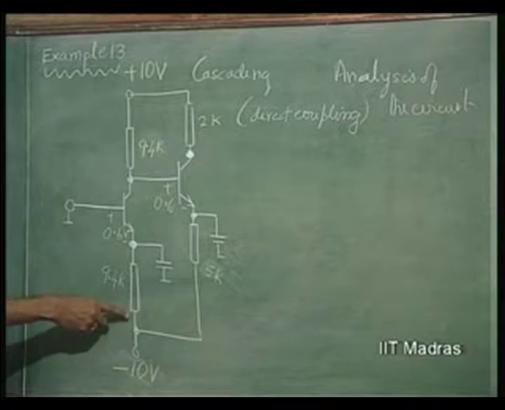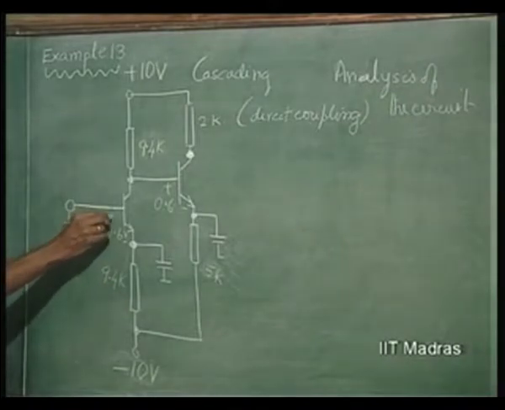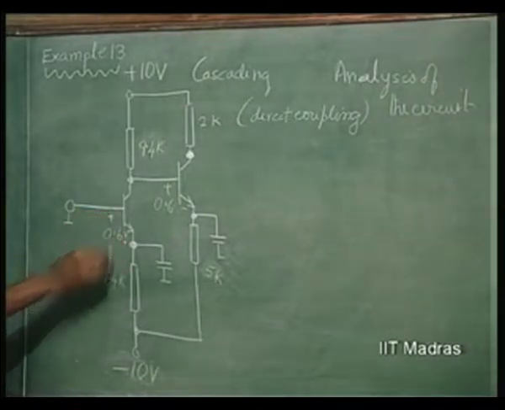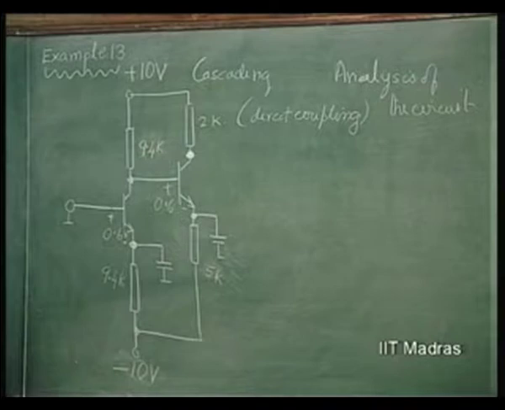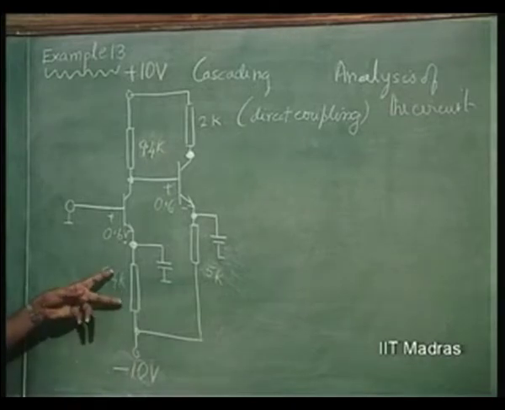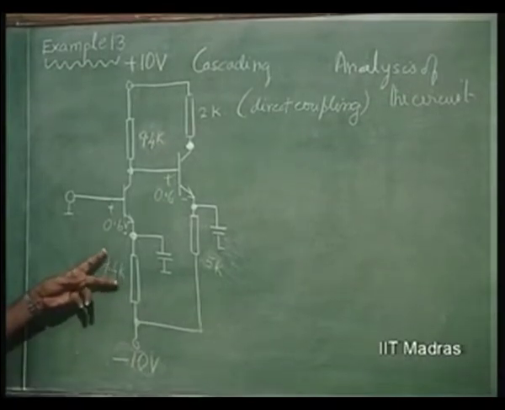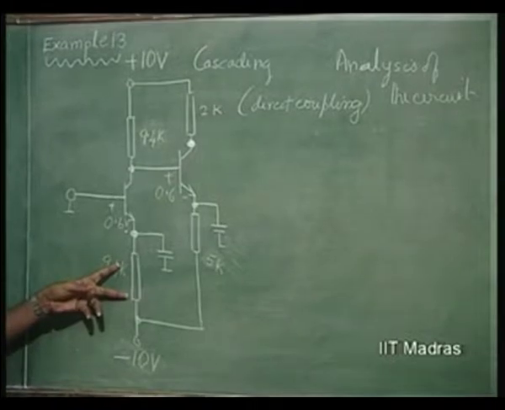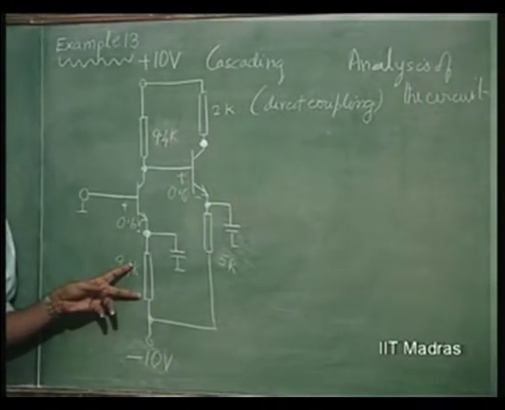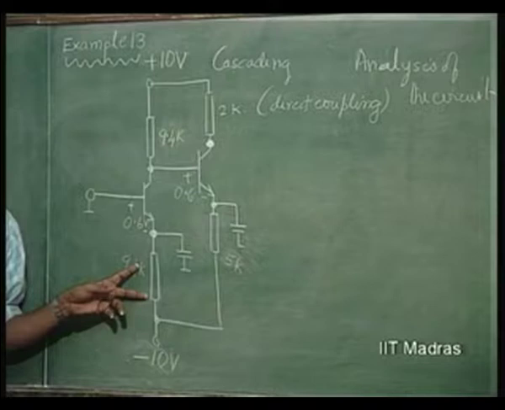and this resistance is fixing the current in the following fashion, that if we assume that the VB is 0.6 volts, then I have chosen this as minus 10 volts and this conveniently as 9.4 kilo ohms. So, that 9.4 volts drop across this resistance is caused by a current of 1 milliampere.